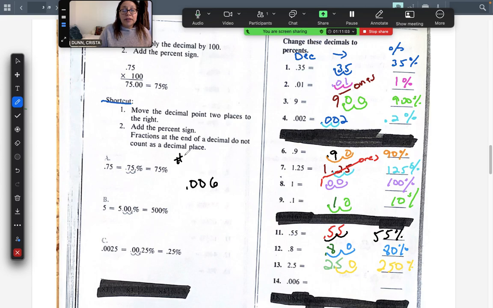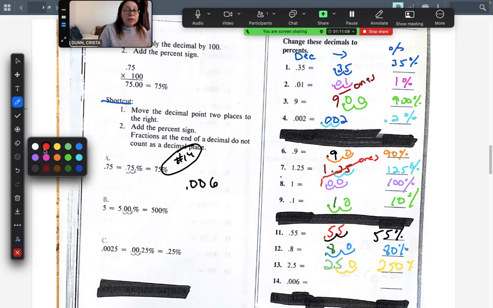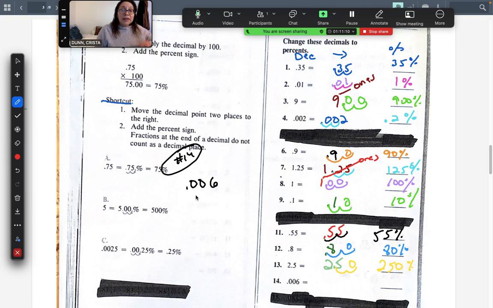This is number 14. And I'm going to go ahead and move that decimal point over. How many place values? In which direction? Bigger, to the right. So I'm going to go 1, 2. And this is 6. Oh, hold on. There we go. I almost forgot the decimal point, which is the most important part besides percent symbol, right? So it's 0.6%. Make sure you put that decimal point in, right? Don't forget, like Mrs. Dunn just did on this.